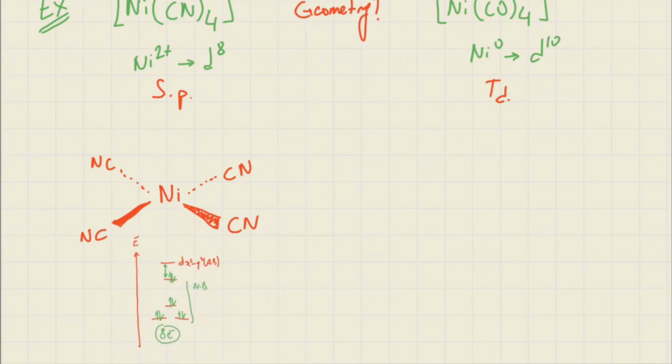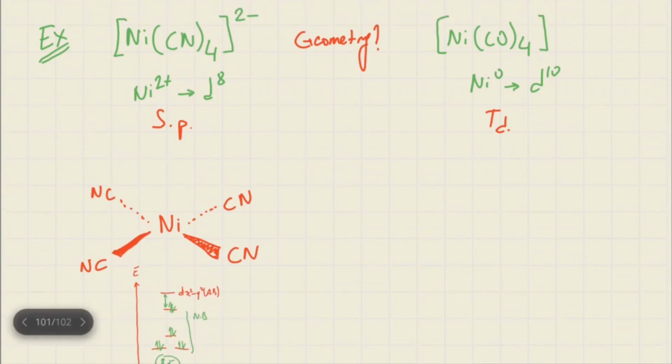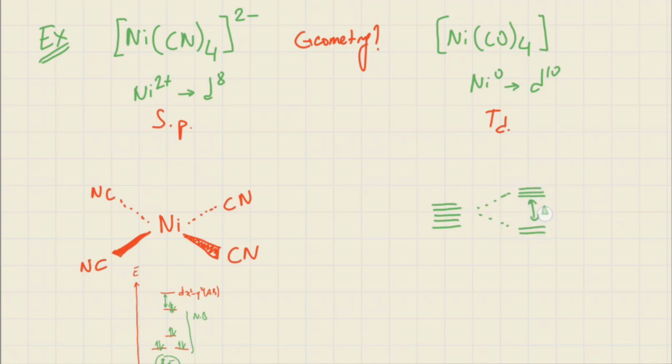And if you look at the other example, as you remember, the D10 system is completely filled, and we will have a tetrahedral splitting. Splitting energy will be very small. So these are the T2G orbitals and these are the EG orbitals. And all of them are full, right?